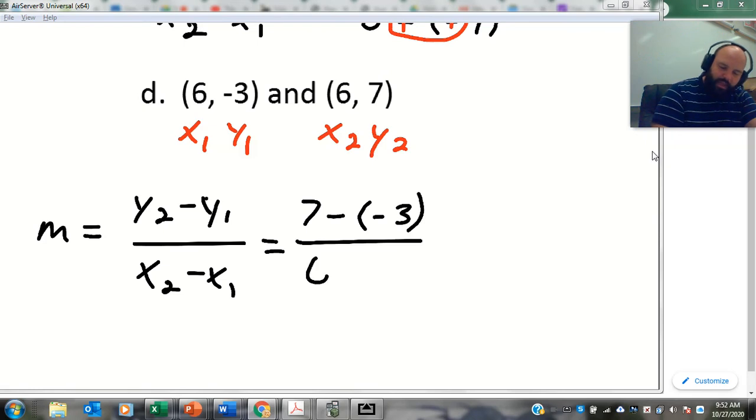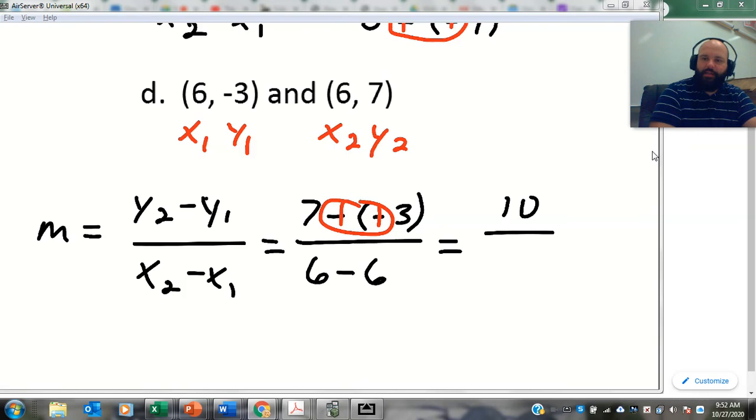And then we have 6, which is x2 minus 6. Now looking at the top of the fraction, you can see we have this double negative again. So that turns into 7 plus 3, which is 10. On the bottom, we have 6 minus 6, which is 0.